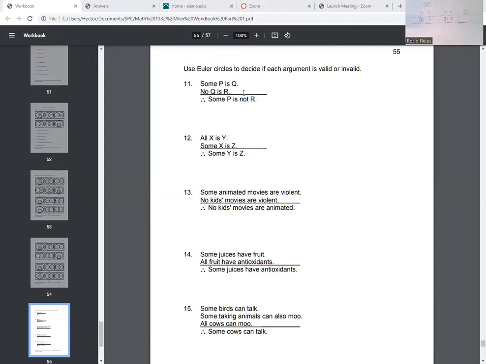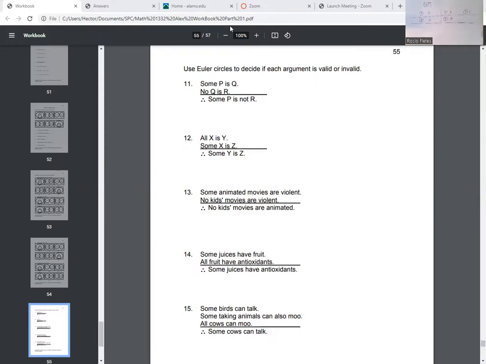You're gonna see what I mean when I start drawing these. But remember, the premises are facts. We don't question the premises. And we do not add personal knowledge or common knowledge, even if it's common knowledge. We do not add anything except we just basically go by what the premise is saying. So we just know that some P is Q and then we also know that no Q is R.